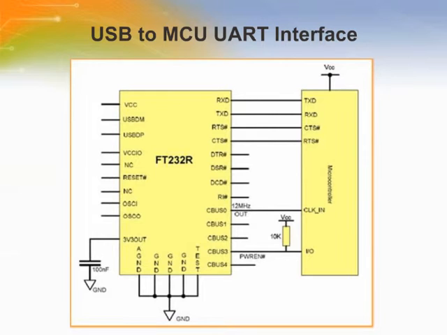Also, the CBUS0 has been configured as a 12 MHz output to clock the MCU. Optionally, RI could be connected to another I/O pin on the MCU and used to wake up the USB host controller from suspend mode. If the MCU is handling power management functions, then a C-bus pin can be configured as PWREN and would also be connected to an I/O pin of the MCU.